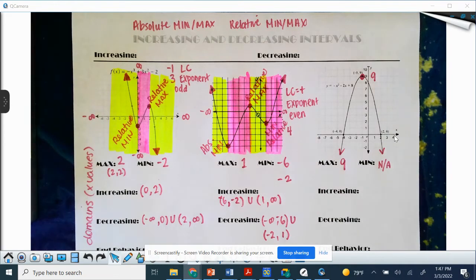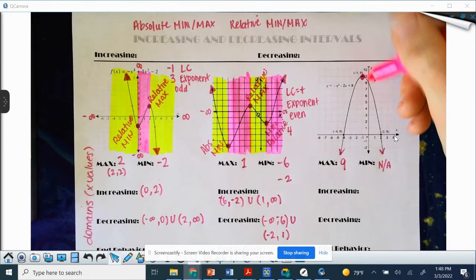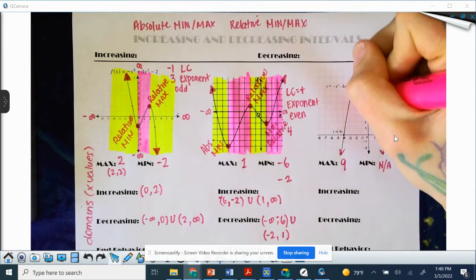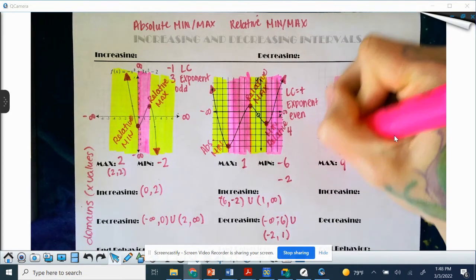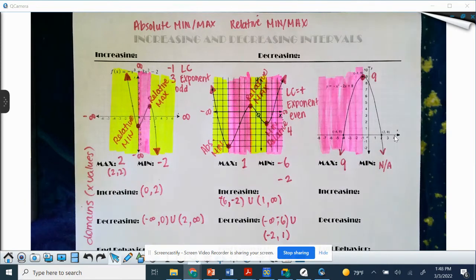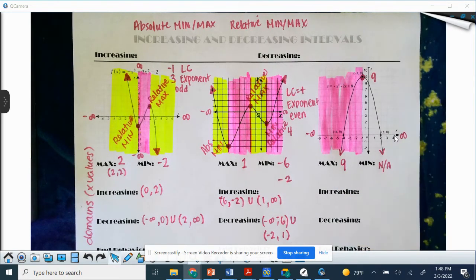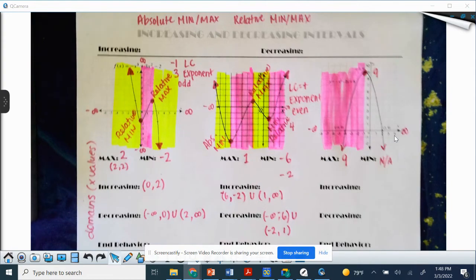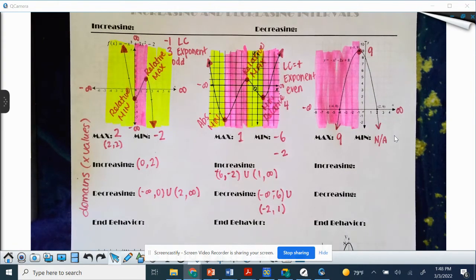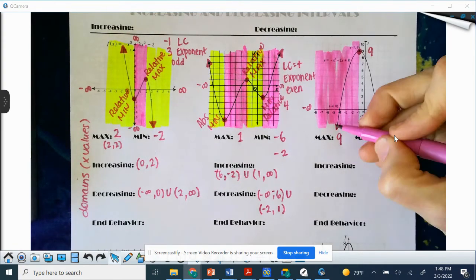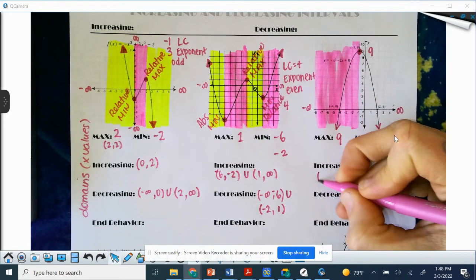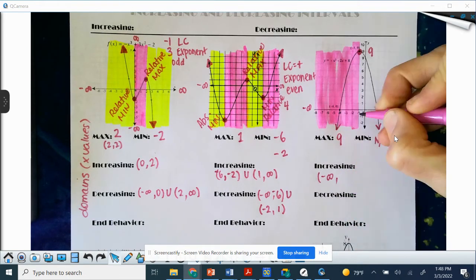So I'm starting here and going to the left to right, because I'll just start to read like a sentence. Again, remember, this is negative infinity for our x-axis, positive infinity for our x-axis. Increasing and decreasing domains mean we need x values. So from negative infinity, this is going up, so it's increasing until I hit negative 1. That's where my color changed.